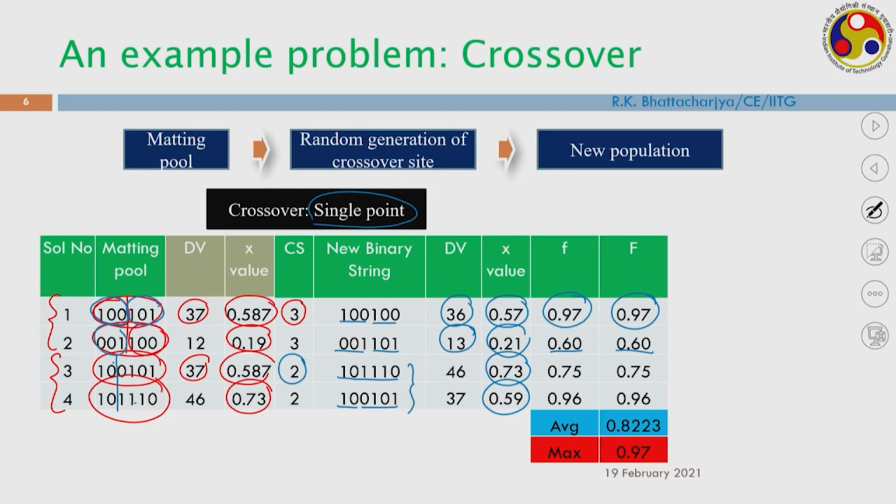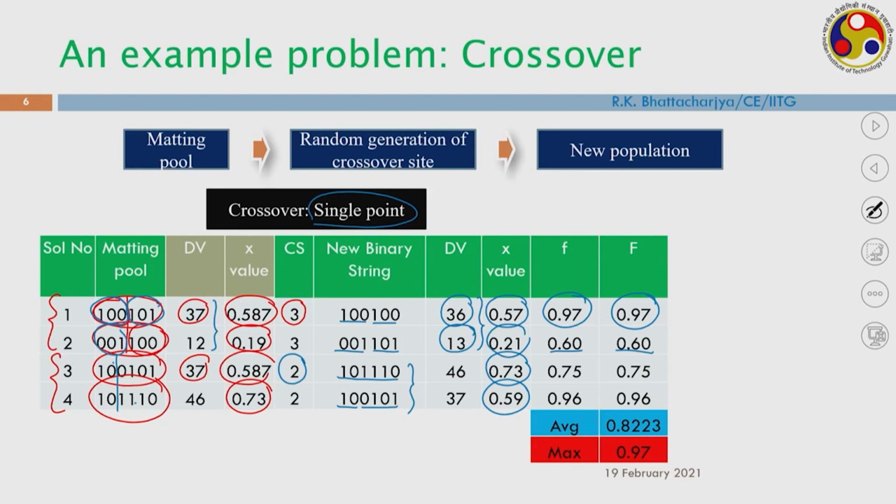Now, if you look at this particular solution, the decoded values of these parents were 37 and 12, and here you are getting decoded values of 36 and 13. That means the crossover is creating a solution near to their parents.